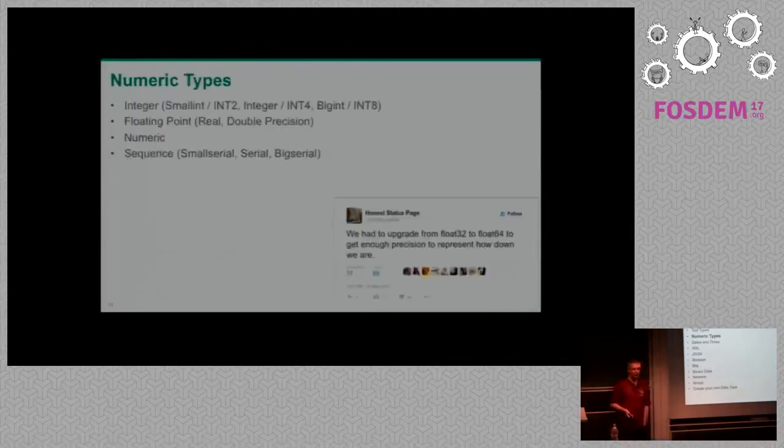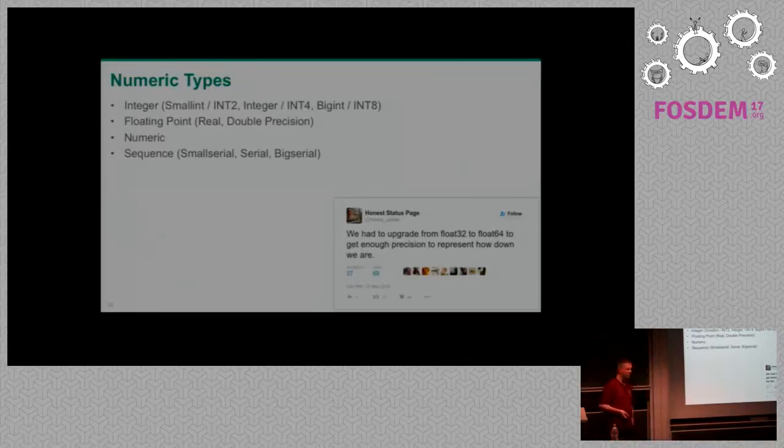Okay, let's move on to numeric types. How many do we have here? So we have integers, we have floating points, and we have numeric. This can be kind of confusing, because if you come from Oracle, most people on Oracle use numeric to store any kind of integers and such, but you don't want to do this in Postgres.